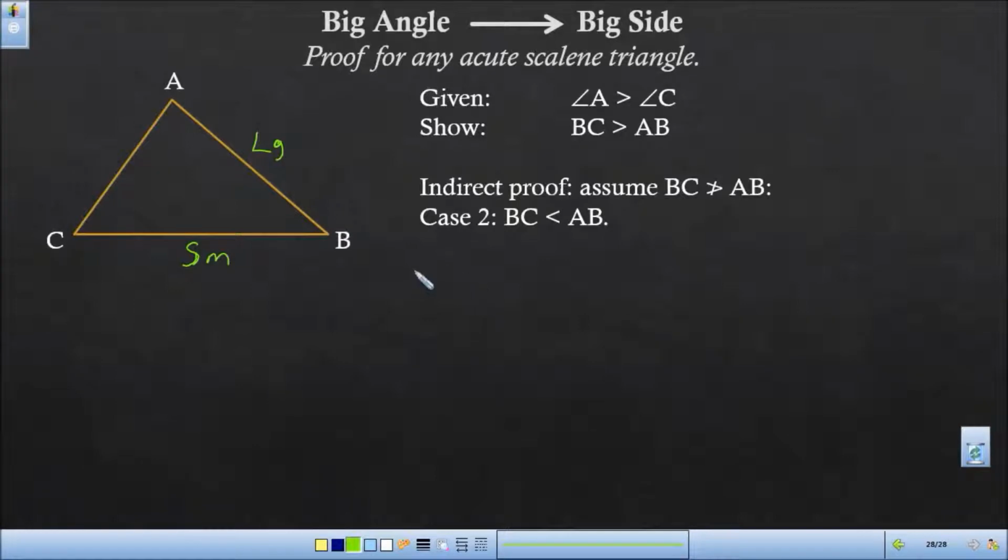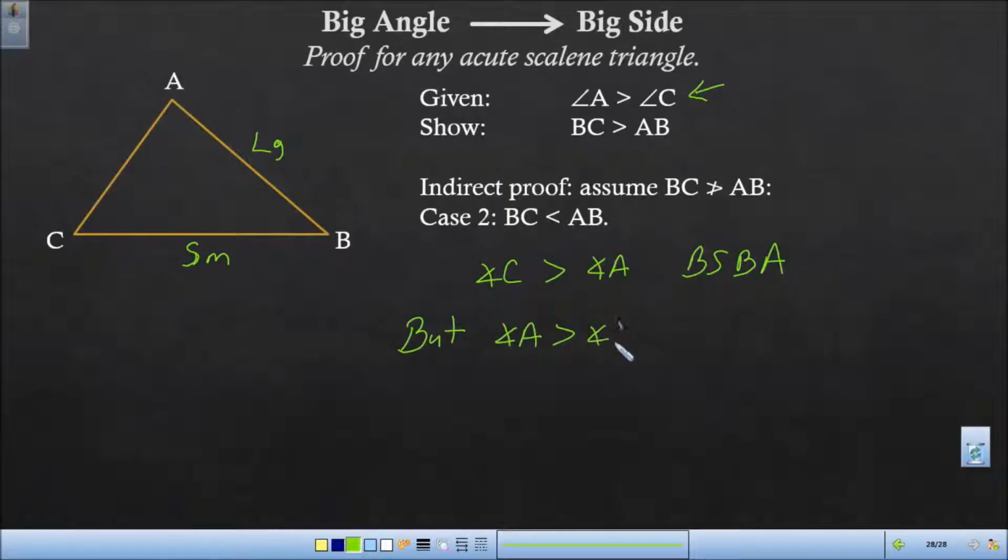Okay, so if this is the case, then this means that angle C is greater than angle A by the big side, big angle theorem, which we proved just a few minutes ago. So if angle C is greater than angle A, well, you know what? It's not. The given is the opposite of that: angle A is greater than angle C. So this forms a contradiction.